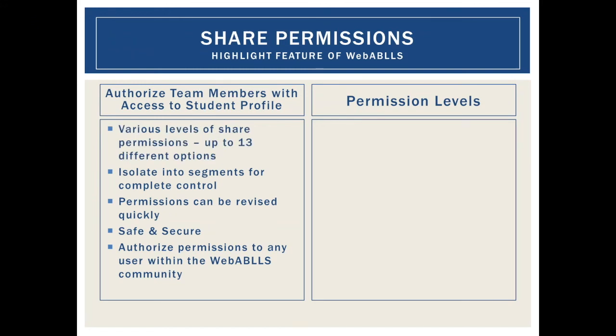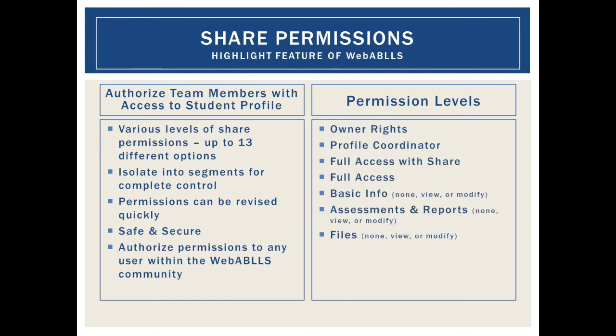In the legacy site, it was view or modify, and that was it. There were 2 levels of permissions. Now we have a lot of different permissions, and there are basically up to 13 different combinations that you can give to somebody in terms of the sharing rights.